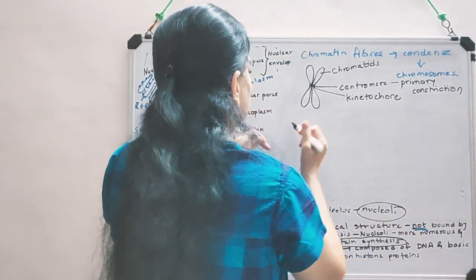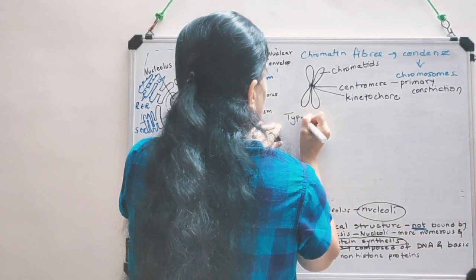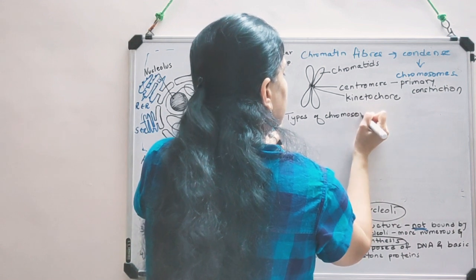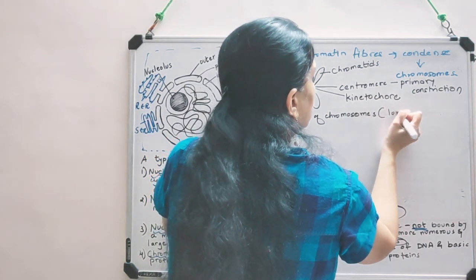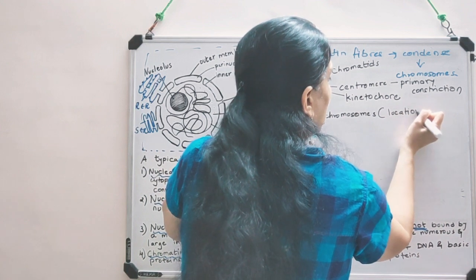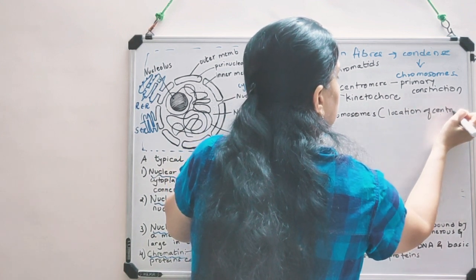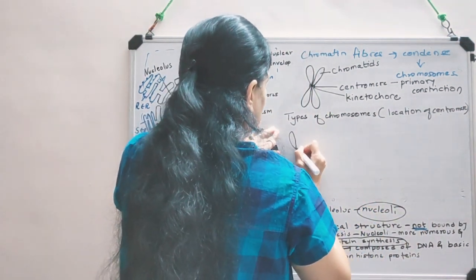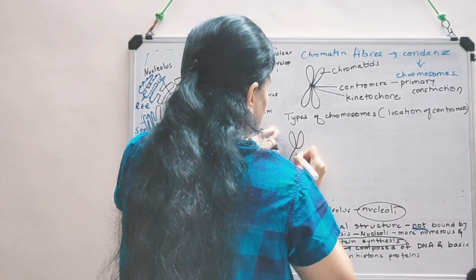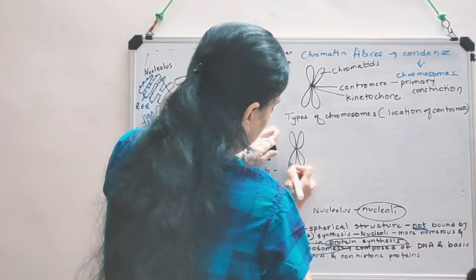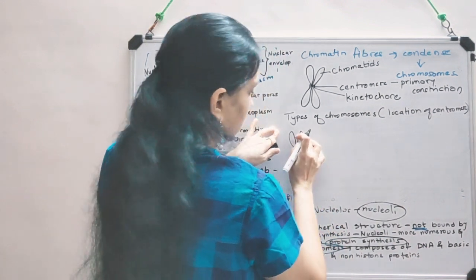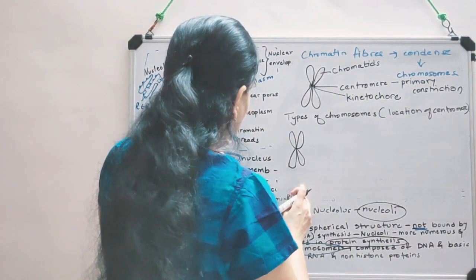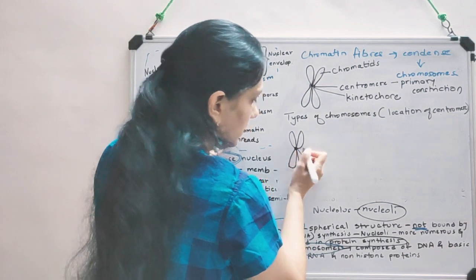I write down the names. Types of chromosomes, and this is decided on the location of the centromere. Okay. Now I am drawing a chromosome like this, and both the chromatids look equal, and the centromere is in the center.